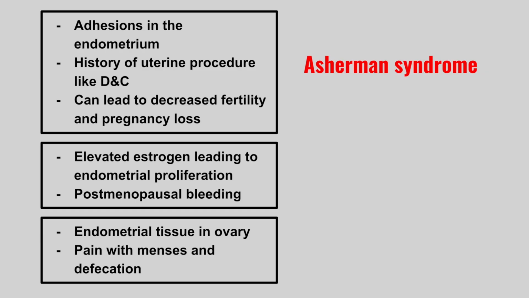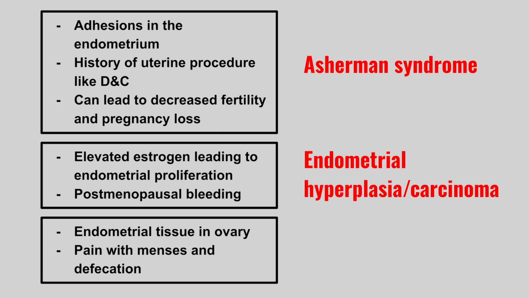This is Asherman syndrome. Next, we have elevated estrogen leading to endometrial proliferation and postmenopausal bleeding. So this is endometrial hyperplasia, or it can even just be endometrial carcinoma, so look out for that.